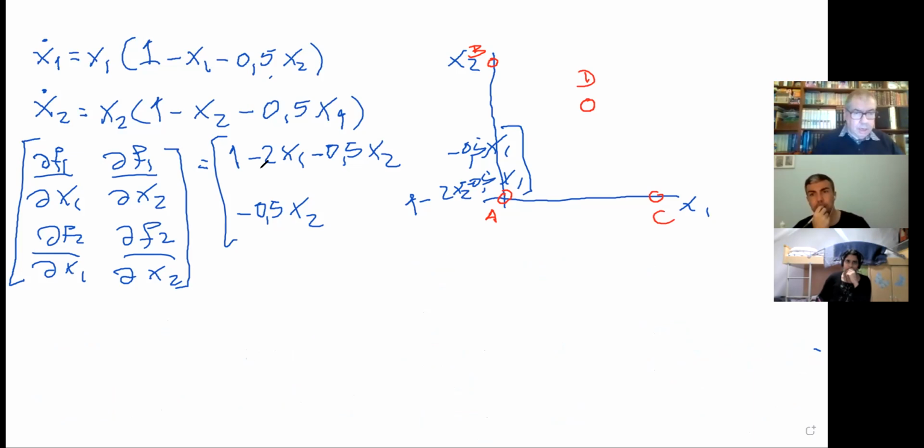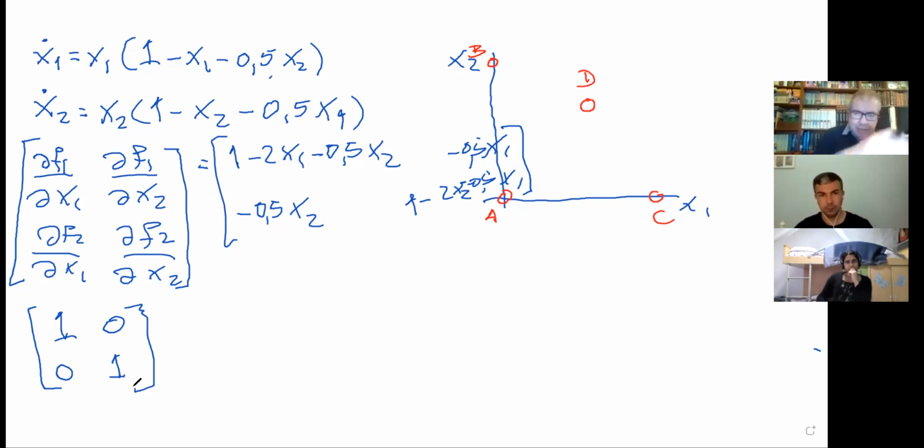So here we have 1 minus, and everything is 0. So we have 1. Then this is 0. This one is 0. And this is 1. So if you compute the eigenvalues, what is the result? If you have a diagonal matrix, the eigenvalues are the elements of the diagonal. So you have two positive eigenvalues, 1 and 1.